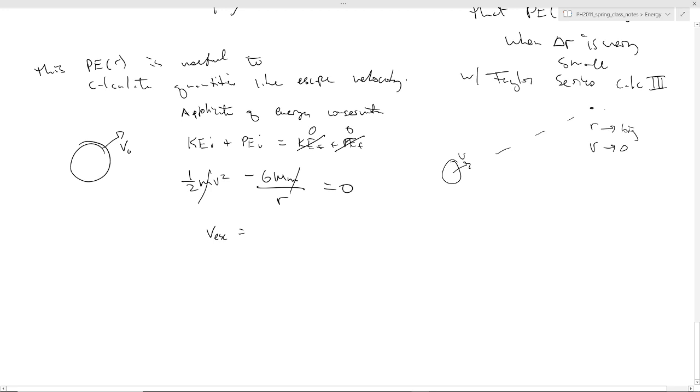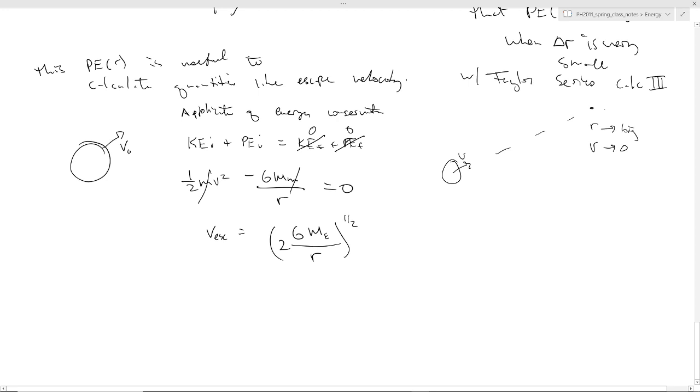So what would that be? We'll have G times the mass of the Earth, or whatever planet or body we're talking about, over a factor of r. And we'll pick up a factor of 2, and we would need to take a square root.